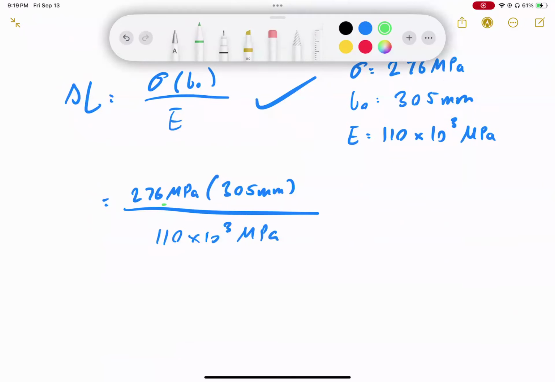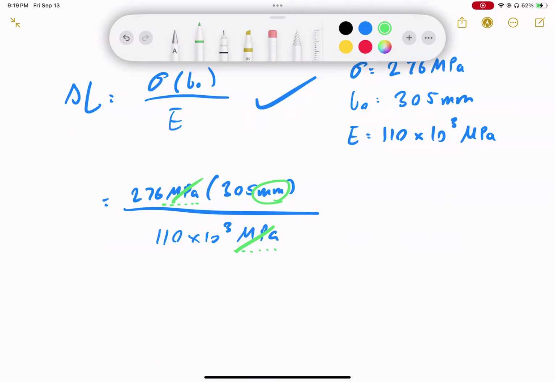You'll notice that the megapascals is both in the numerator and the denominator, so we can cross out these megapascals. Essentially what we have is a ratio, and the only unit left is millimeters, which is the unit for length. That's the reason why megapascals is so convenient in this case.